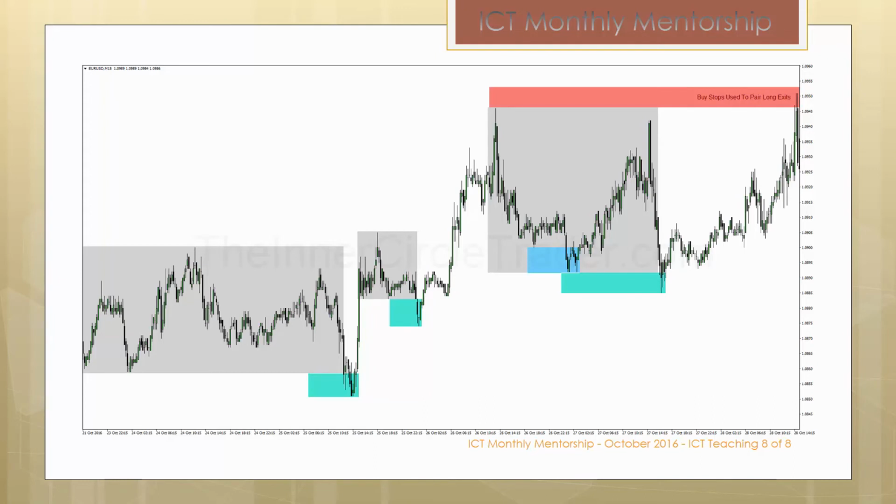And if we look at the market in this perspective, we'll know that we'll always have buyers above old highs and we'll always have sellers below old lows. So if we know that that's where liquidity rests, all we have to do is discern whether the market wants to seek the buyers or the sellers.